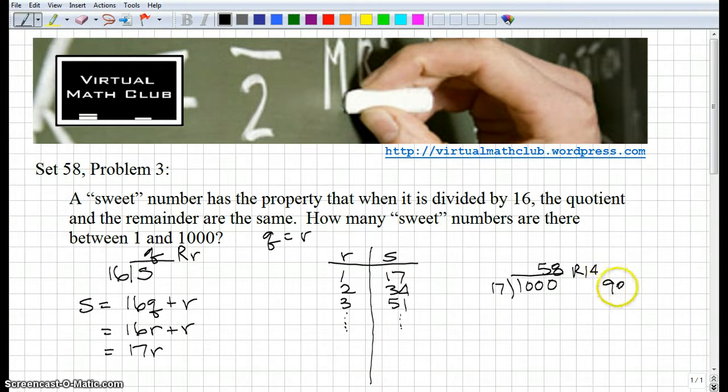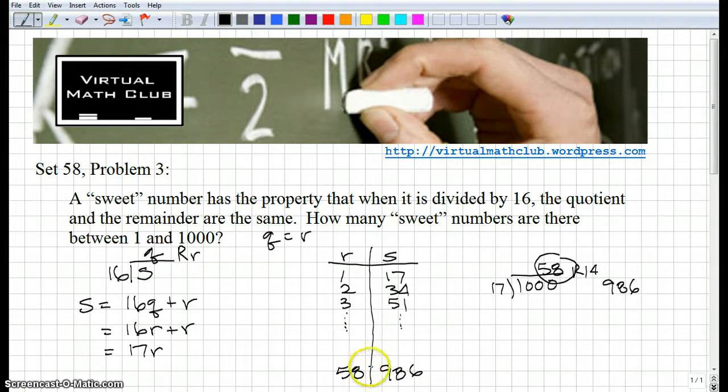So 986 would be a sweet number, when the quotient is 58, which means when you plug in 58 for r, you get 986.